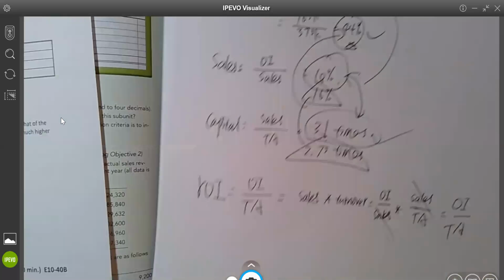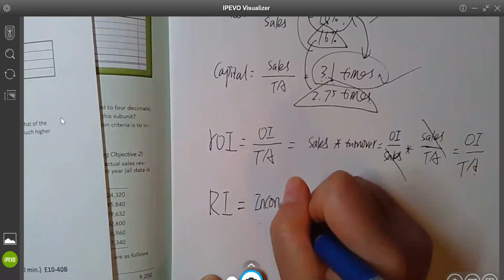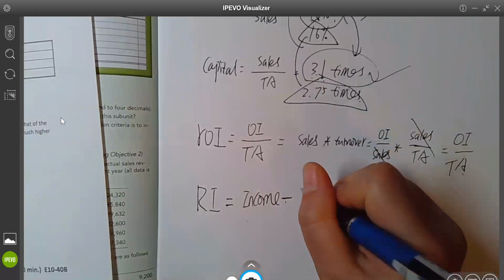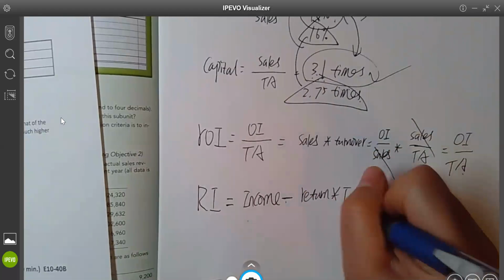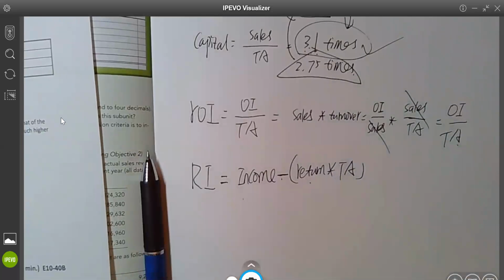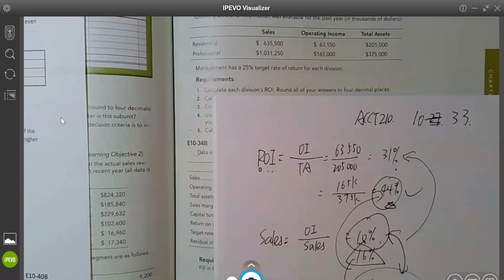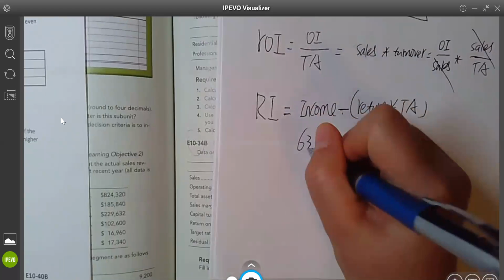Last one, asking about your residual income. We said the residual income is the income that is left for you after paying the required return times your total assets, right? You got income, but you borrowed the money from the bank. So your residual income is only the money after you pay off the bank's required return. For the residential, operating income is 63,500.